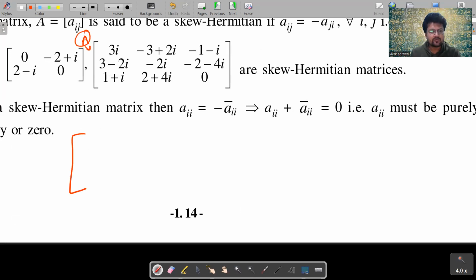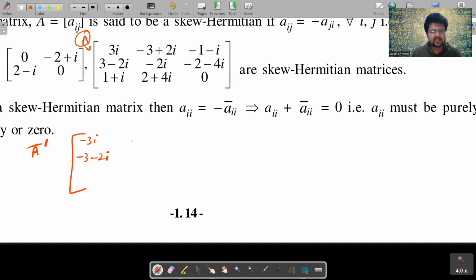So first, we have to find its conjugate. I'm doing the conjugate and the transpose together. I have no issue, right? The conjugate of 3 iota will be minus 3 iota. The conjugate of minus 3 plus 2 iota will be minus 3 minus 2 iota.